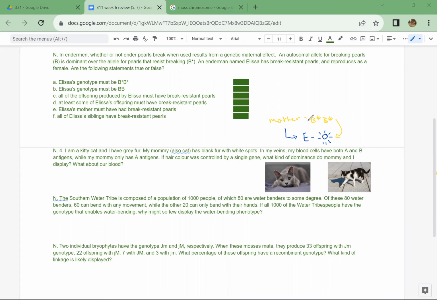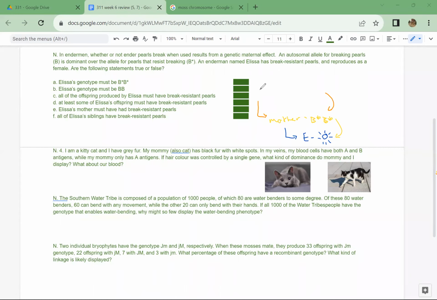I will try one more time. Just like Elisa's phenotype was given to her by her mother's genotype, Elisa's mother's phenotype was given to her by her mother's genotype.